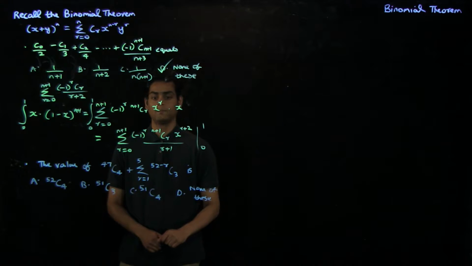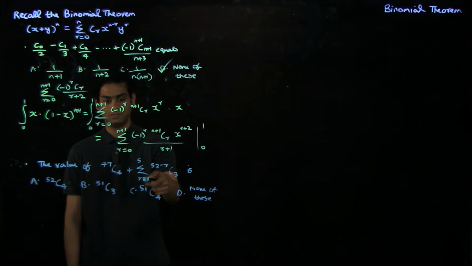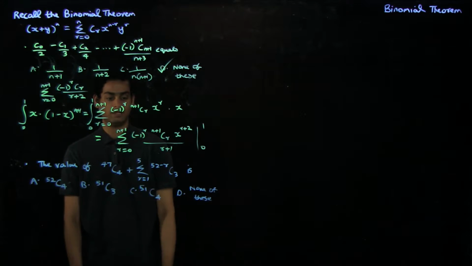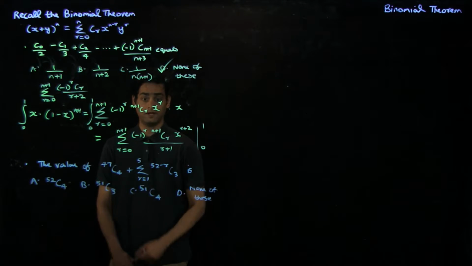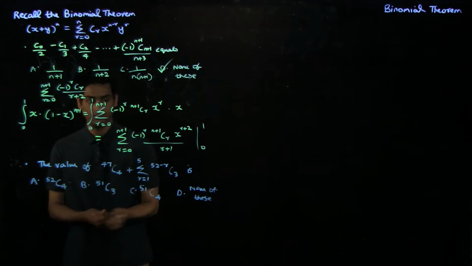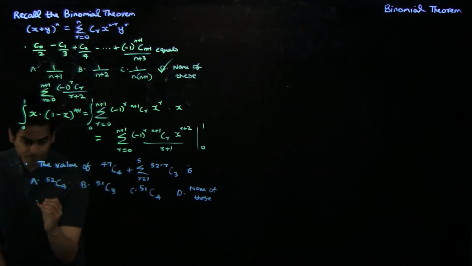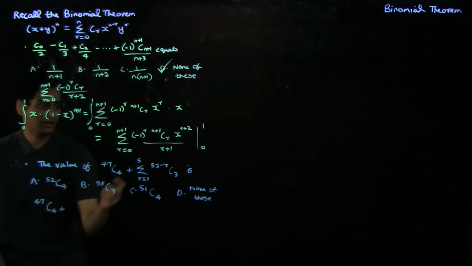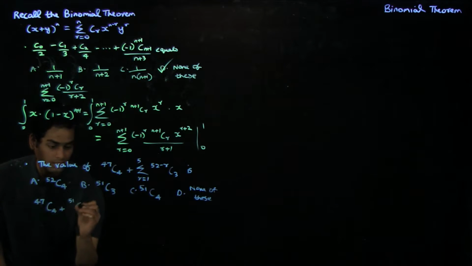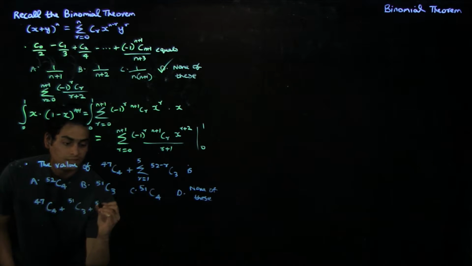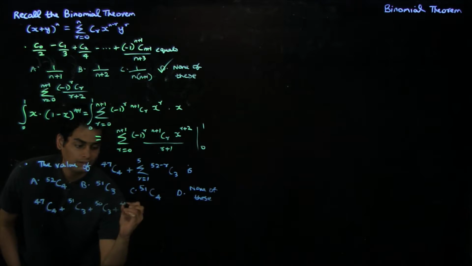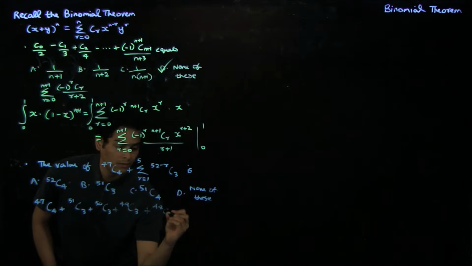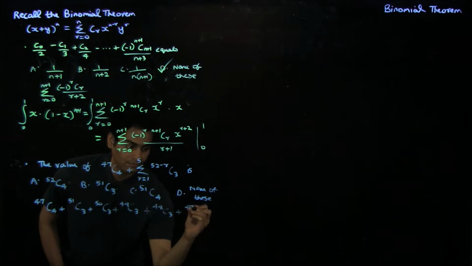The first thing you can do is notice that there seems to be nothing special about the summation, since the summation just seems like a shorthand for writing out 5 different terms. So let's expand the summation and see what we get. We have 47C4 plus, for r equal to 1, 51C3. Next term is 50C3, 49C3, 48C3, and 47C3.